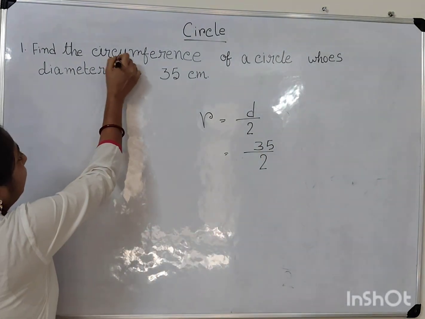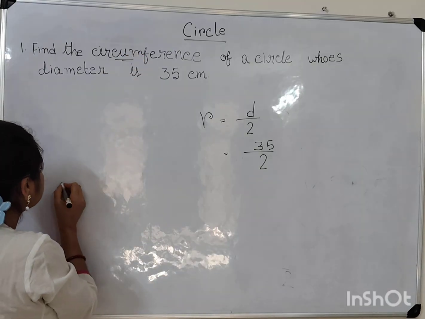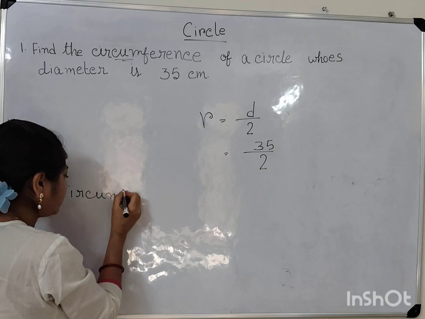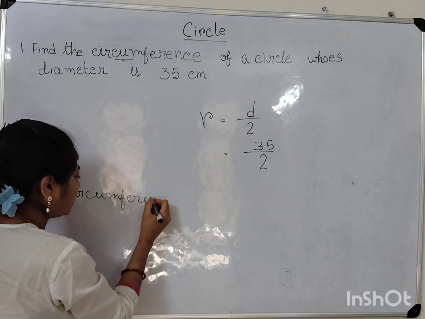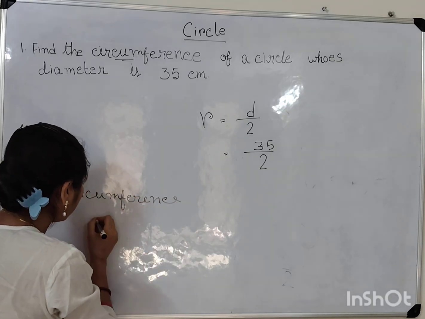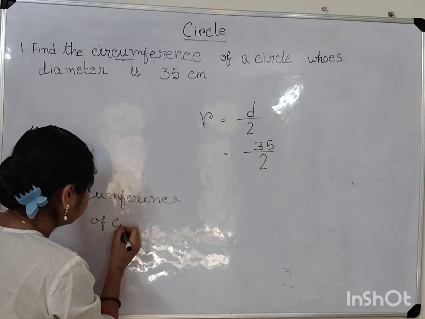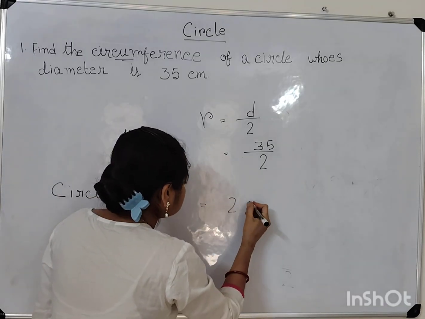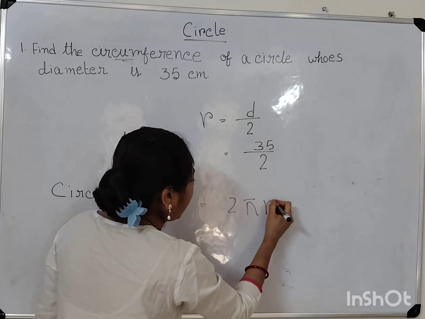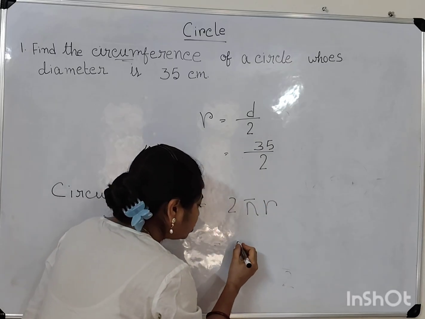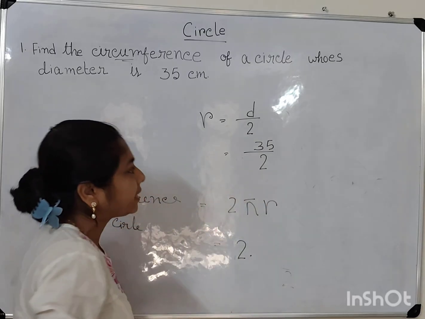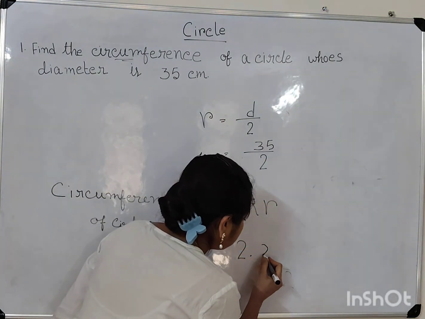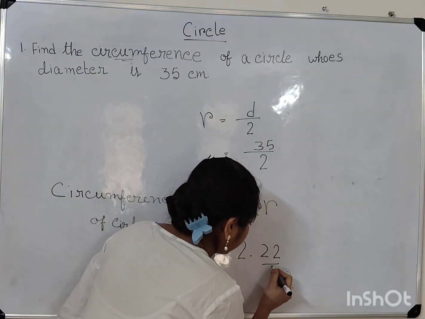And what's the formula of circumference? Circumference of circle. What's the formula? 2 pi r. Put the value. 2 pi means 22 by 7, 22 by 7.